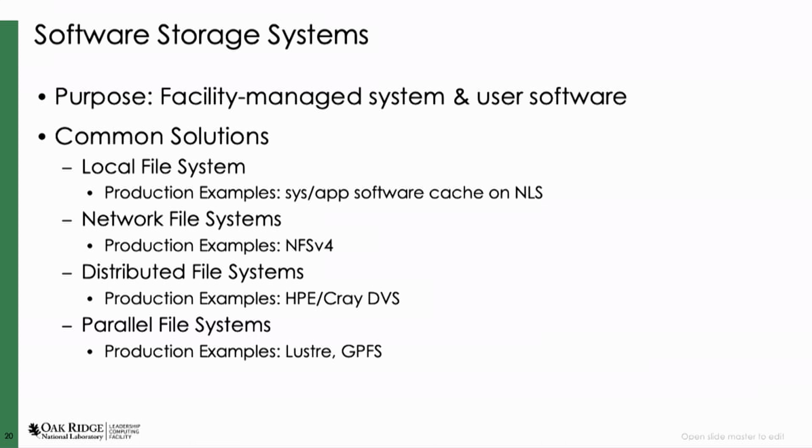But now that we have local devices again, the administrators and operators are saying, wouldn't it be nice if we can use some of that storage to deploy software that's used often? So this is actually a win for users too, because it takes away a lot of those network accesses for commonly used software. So like the operating system kernel image and the libraries that are used most often, we can cache those on node local storage and get a lot better system performance. So this mostly affects the boot time of your applications themselves.